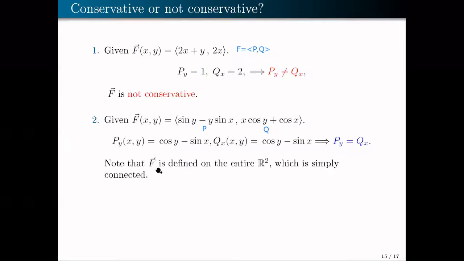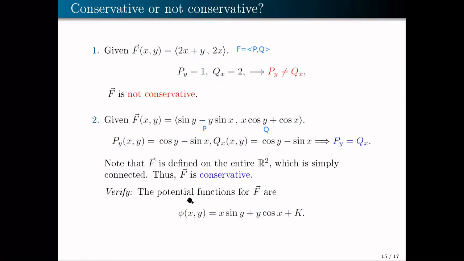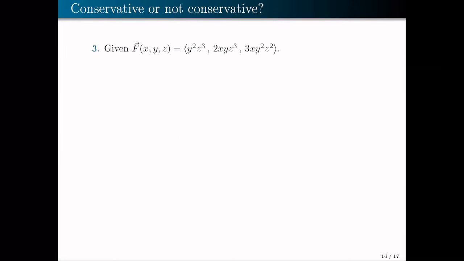Note that the vector field F here is defined on the entire R2, which is simply connected, and so F is, as I mentioned earlier, conservative. Now that we have shown that this vector field is conservative, you can verify as an exercise that the potential functions for F are as follows.